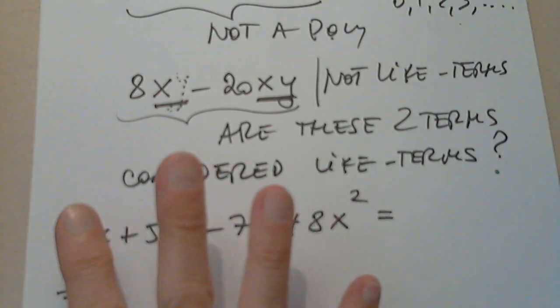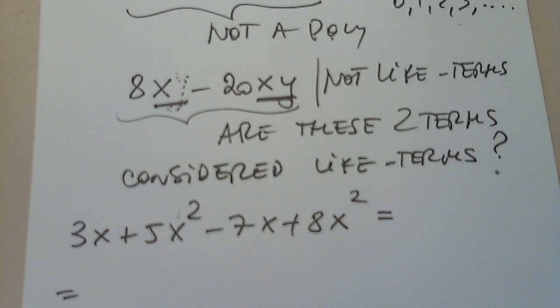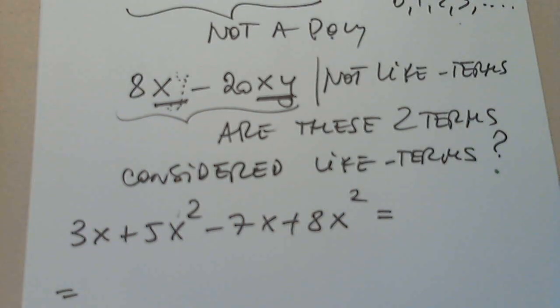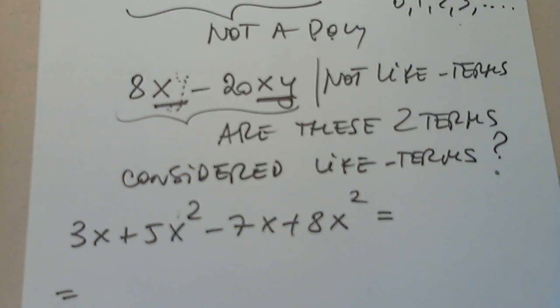You only have to identify the degree of each, not add them, but find the degree of each, and then you will know where to start. So can anyone give us the degree of this polynomial?